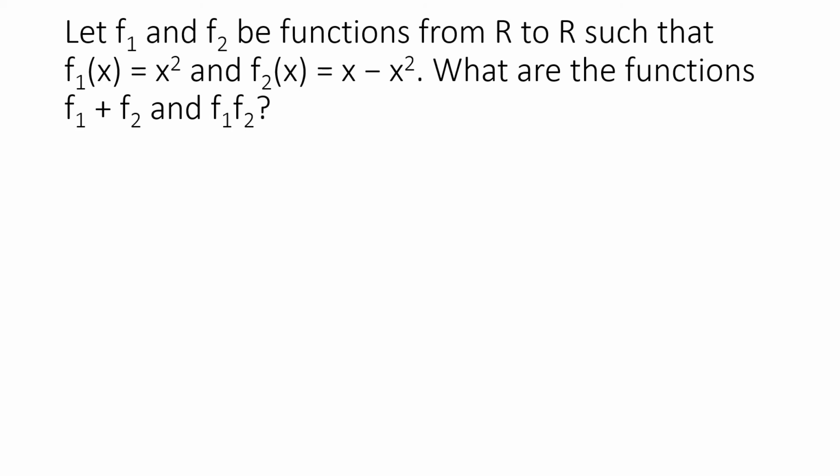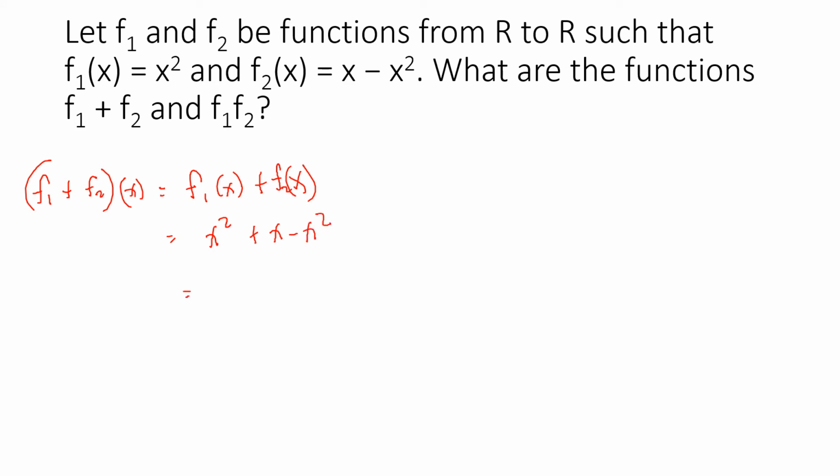Okay. For the first one, (f sub 1 plus f sub 2)(x) is just equal to f sub 1 of x plus f sub 2 of x, which is equal to x squared plus x minus x squared, which is equal to 2x squared plus x.